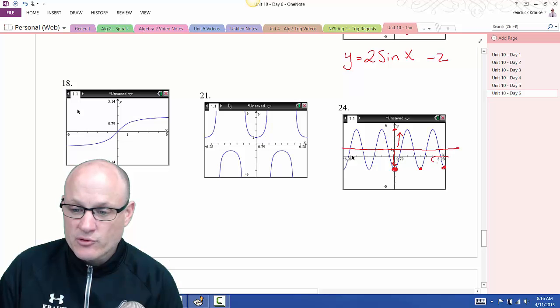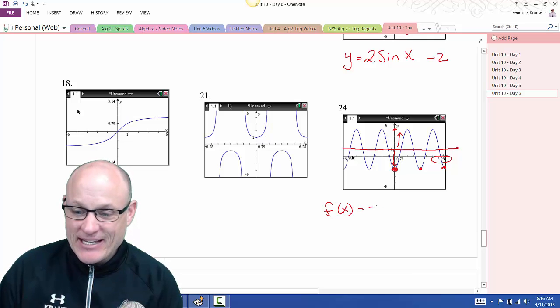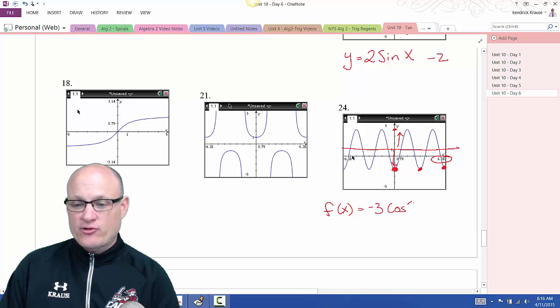Notice this is also 2 pi here. So my f of x here will be -3 cosine. I'm going to finish 2 full cosine curves in 2 pi. So that's 2x. And my midline is up 1. So +1. There it is.